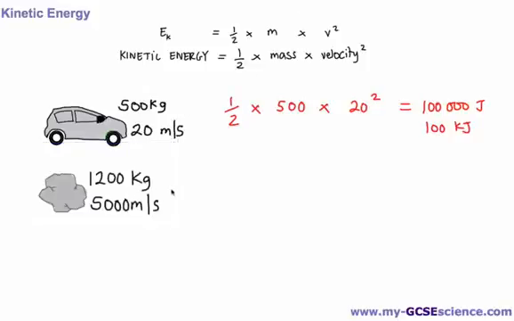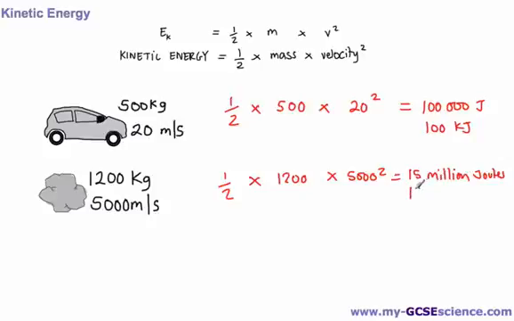The next one is what I've tried to draw here, which is what a meteorite might look like. So imagine you've got a meteorite, it's quite a big one, 1,200 kilograms, traveling at 5,000 meters per second through space, and it hits the Earth's atmosphere with a kinetic energy of, and we can write out the formula, half times 1,200 times 5,000 squared, and that comes out as 15 million joules.